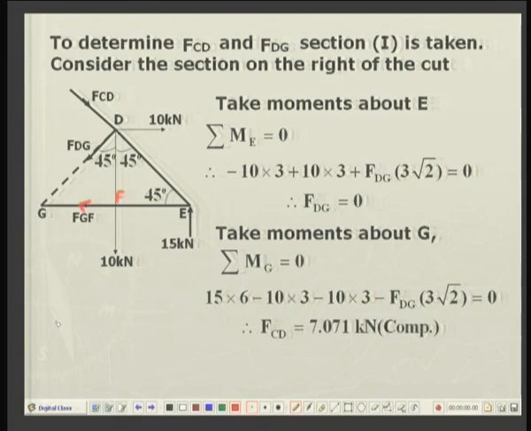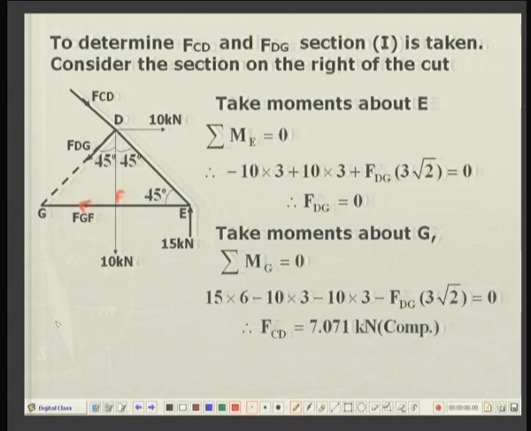Now, this is angle 45, so this total angle will be 90 degrees, it means DG is perpendicular to this. So, you can calculate this distance, because this is 3 meters, 6 meters. So, 6 into cosine of 45 degrees. So, you will get FDG is equal to 0. Okay.